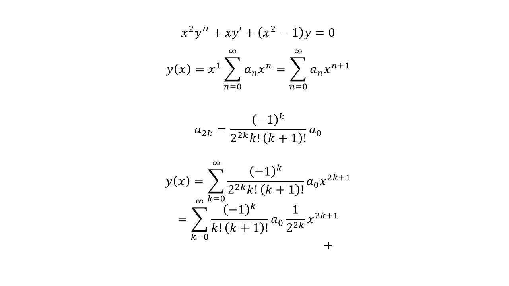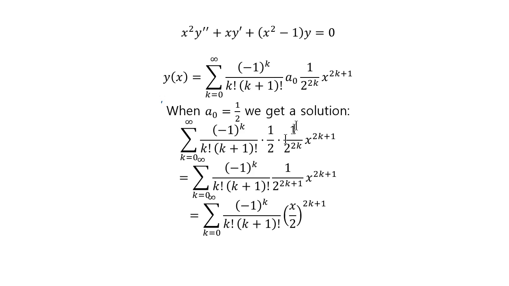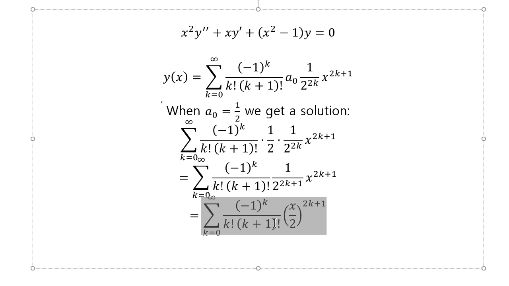We can also multiply 2 top and bottom to make this x over 2 to the 2k plus 1. Since this is going to be a solution of this differential equation for any a0, we just choose this to be 1/2 so that you can simplify it in this way.